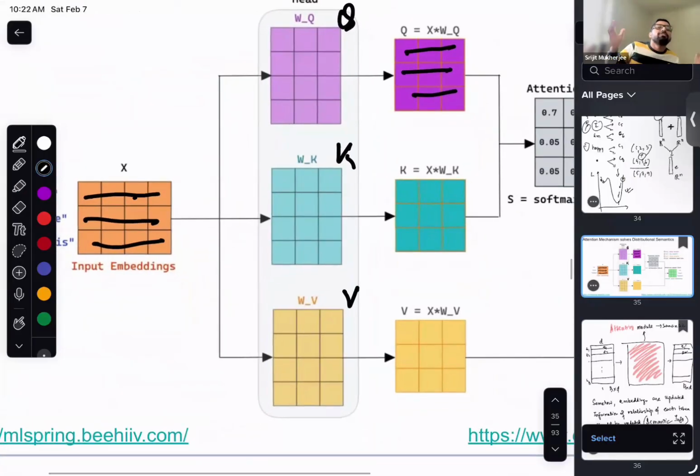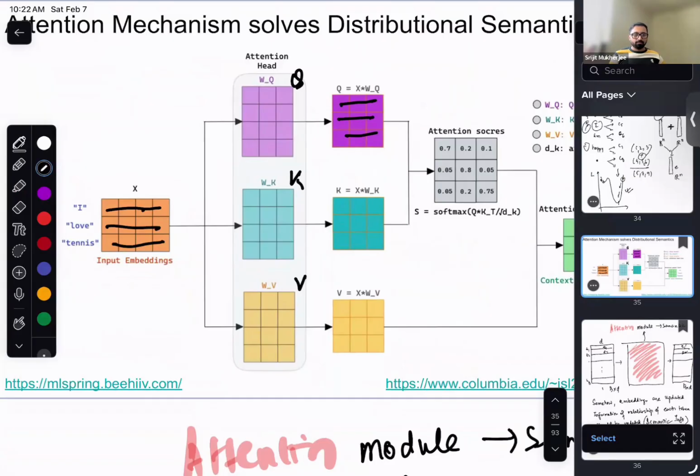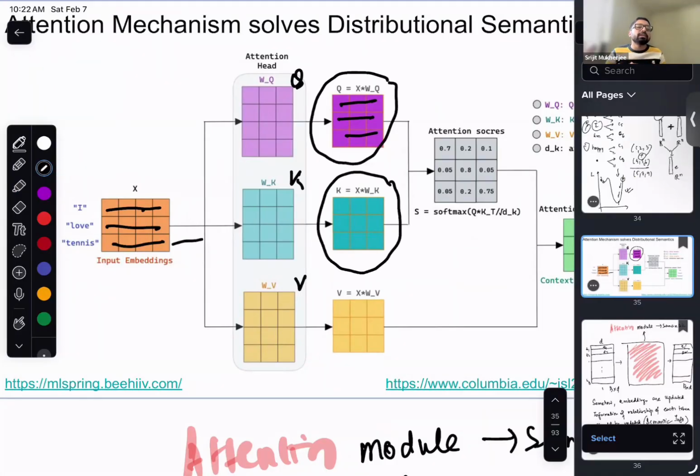These are all degrees of freedom you can think of to learn a better embedding. So the query vector is another representation of the same embedding. It's giving degrees of freedom to learn different vectors so that it can update the different embeddings. The query and key are two different representations of the same embeddings so that we can learn the relationship between them. So this is the relationship.